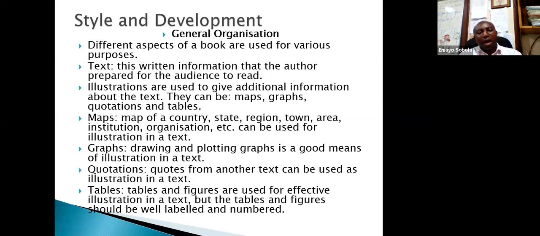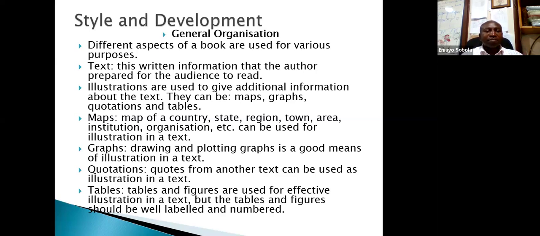So different maps of an area, of a place, organization, institution, town, state can be used as an illustration in a text so that the text can present a vivid picture of what has been written in that book.